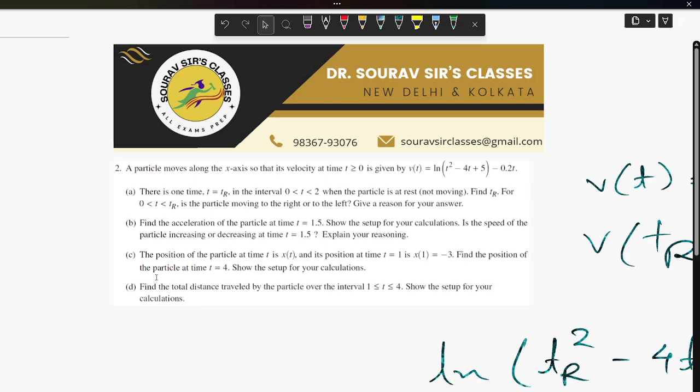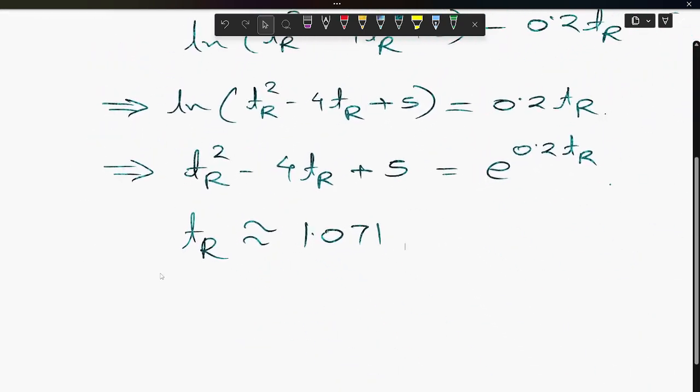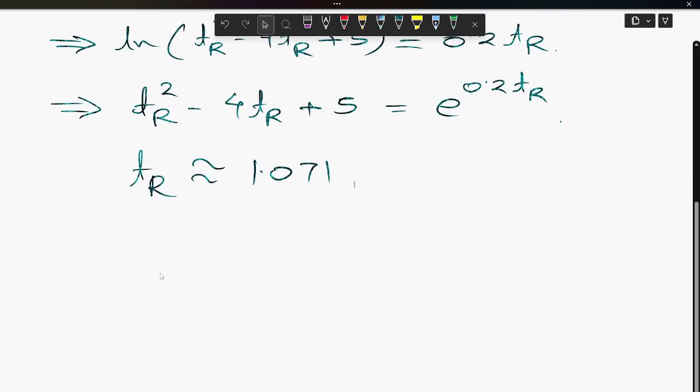Now we are going to determine the direction of motion for 0 less than t less than tr.